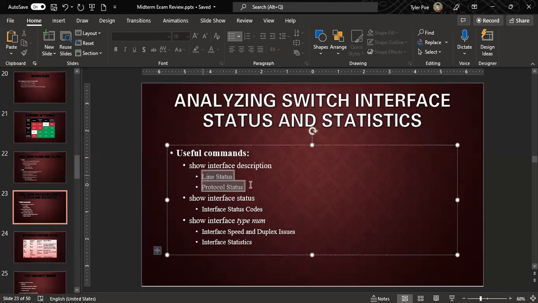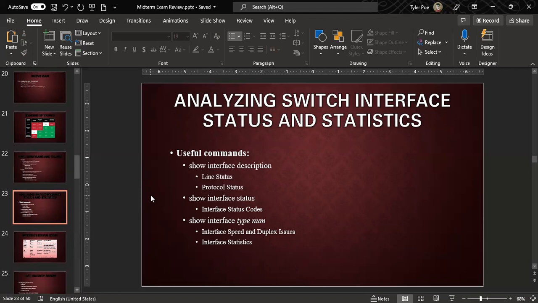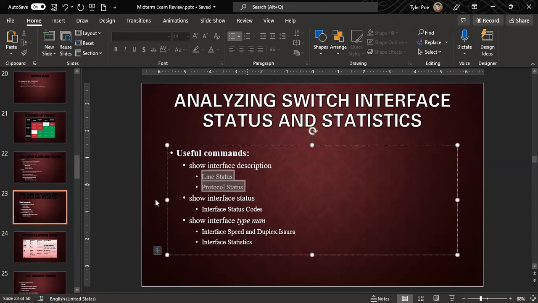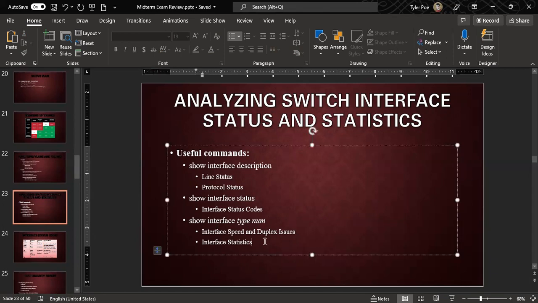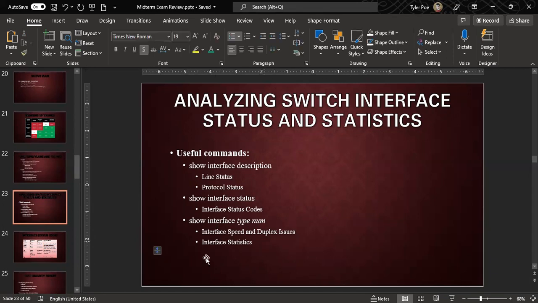Honestly, I think these are a little easier to understand, like finding admin down/down. If you want to find manually shut down ports, show interface description is what you want. Show interface type number can also provide more details like speed, duplex, and other interface statistics. We don't really bother with those in this class, but that's something to keep in mind when you're out in the real world.